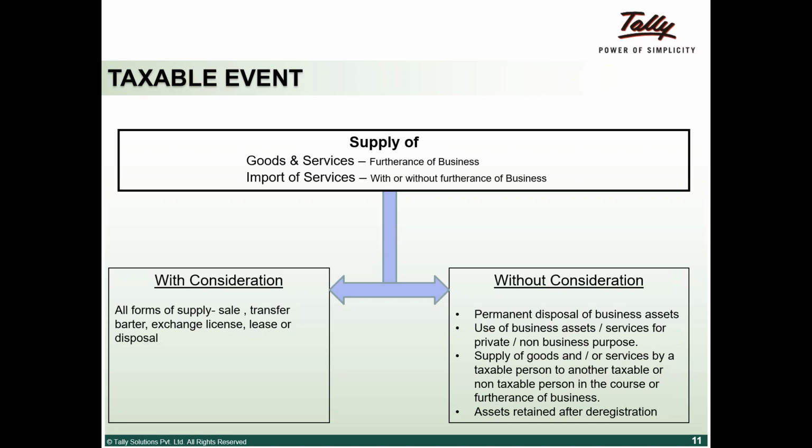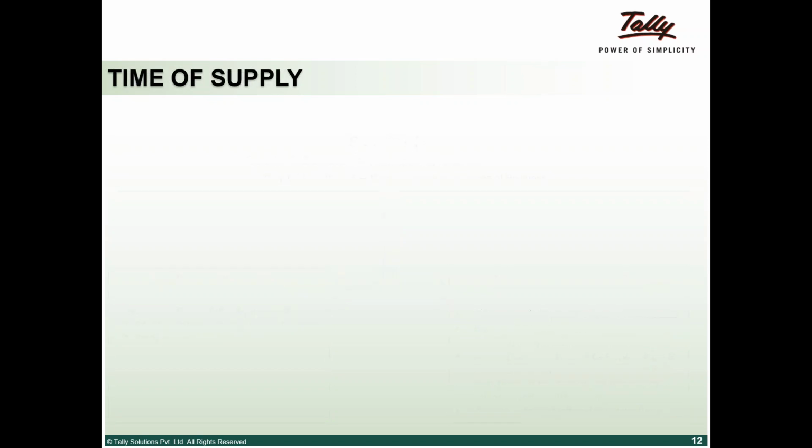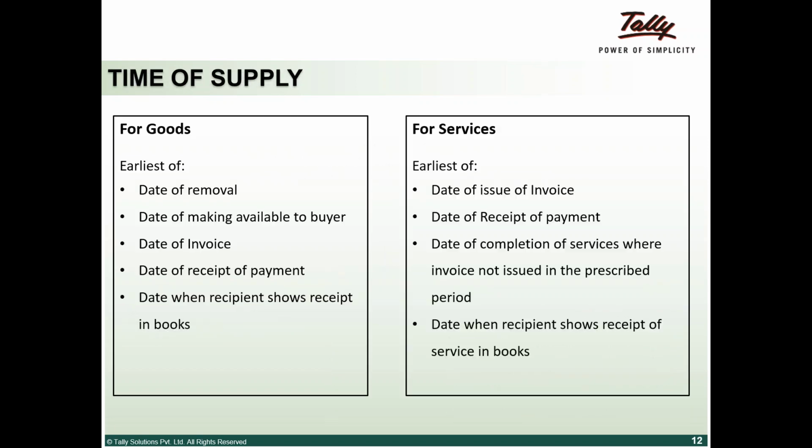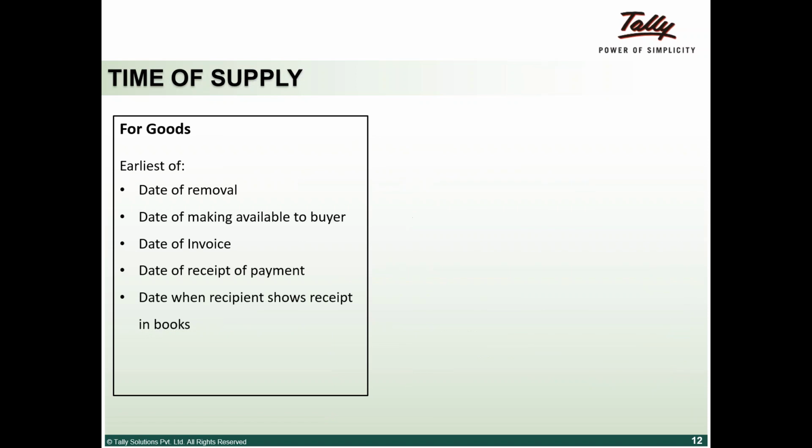A lot of structuring around these transactions needs to be done, but all of these are brought into the ambit of GST. So with or without consideration is something very important to be aware of.